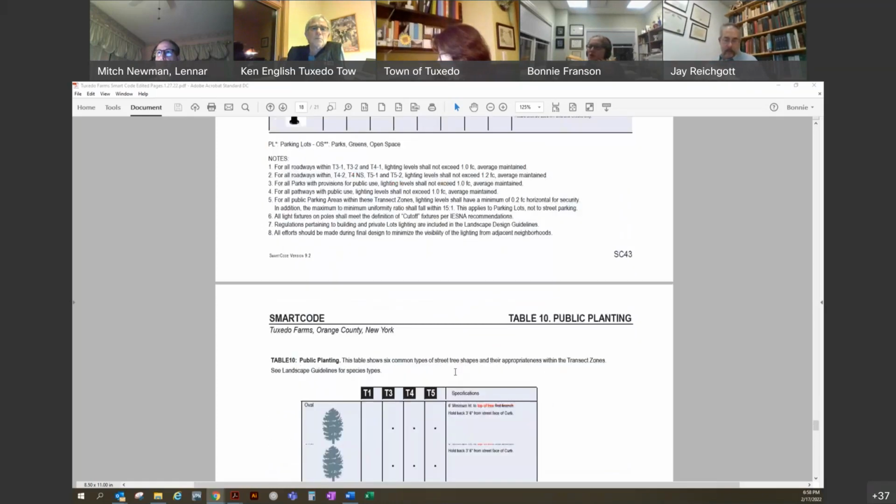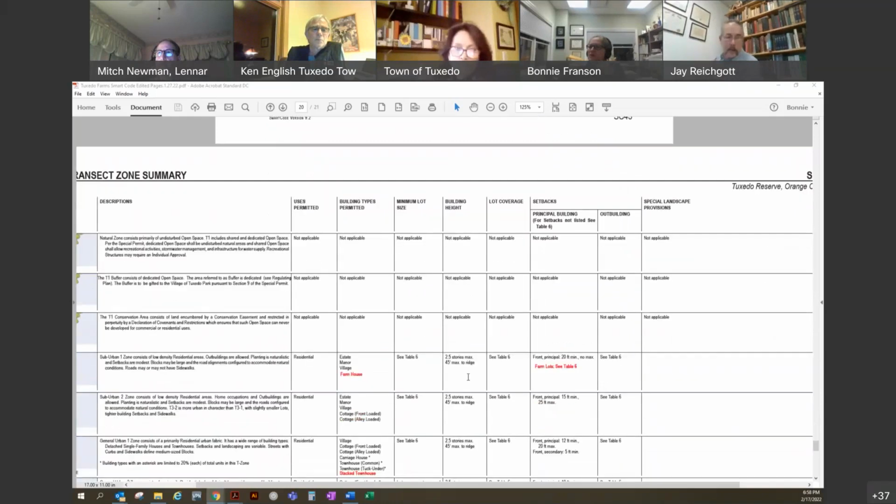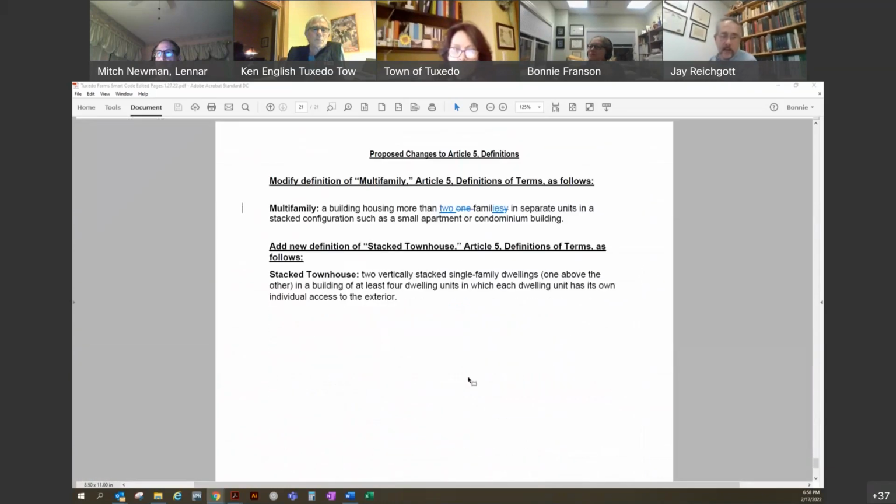So do you want me to switch to the architecturals? Well, is there anything else significant in here? There was, and maybe the applicant can explain it, multifamily. Usually in the definitions, single family is a single family, two dwellings is a two family, a duplex, and then three or more dwelling units in a building.